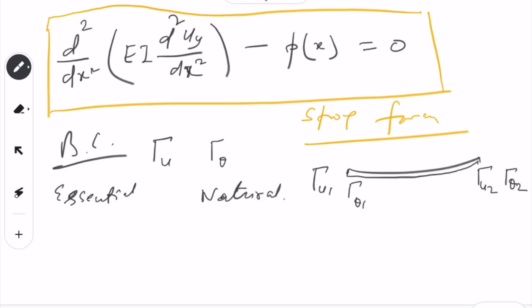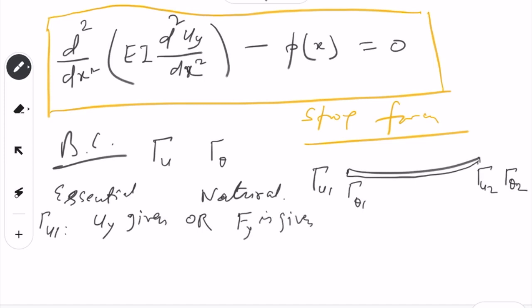What does that mean? Say here gamma u1, for example. It may be given uy, or what else may be given? Force. So force y is given.